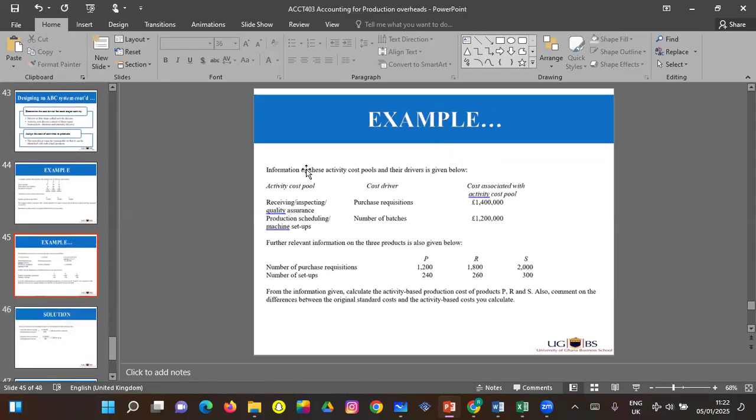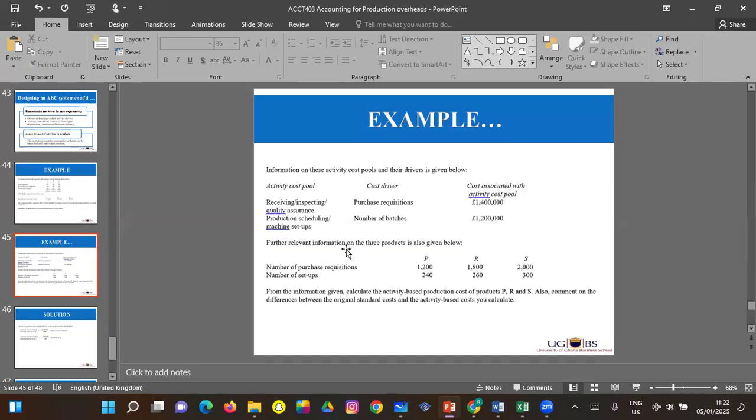The first activity cost pool is receiving and inspecting, quality assurance, which has the cost driver of purchase requisitions, and the cost associated with the activity is 1.4 million euros. Then production scheduling or machine setup has a cost driver of the number of batches, and it has a cost of 1.2 million.